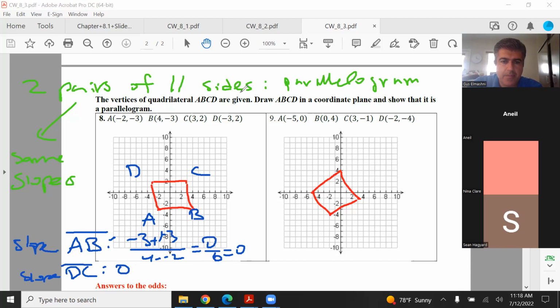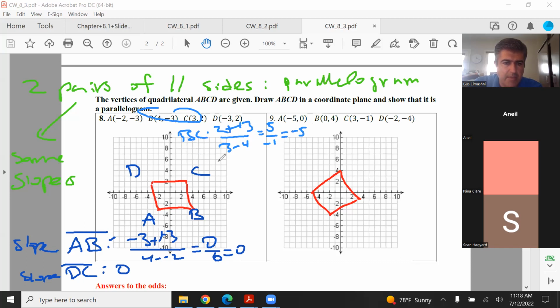Then the slope of BC is 2 minus -3 over 3 minus 4, positive, positive, get 5 over -1, or -5.